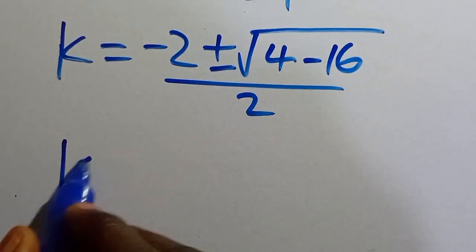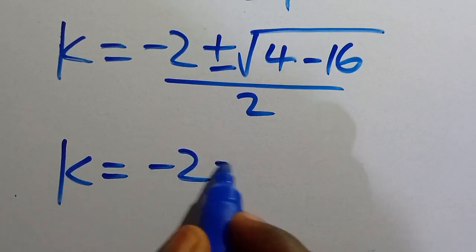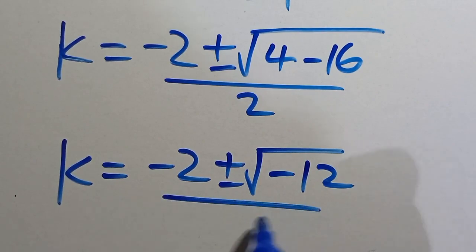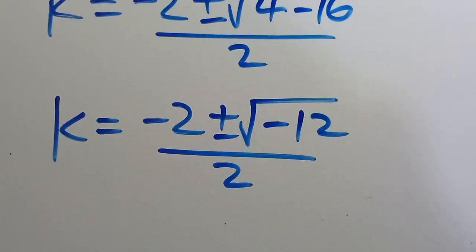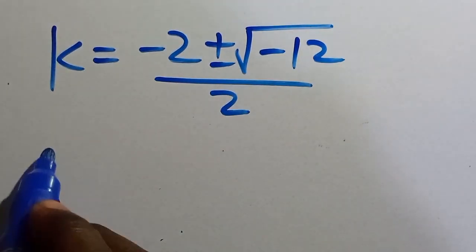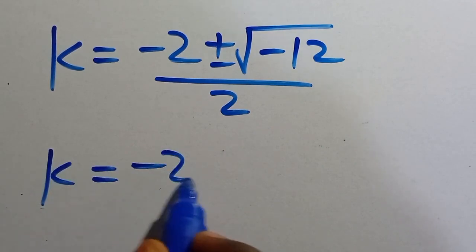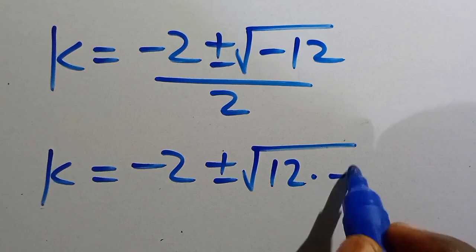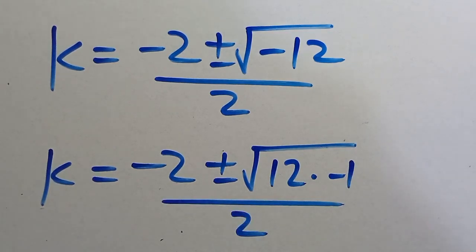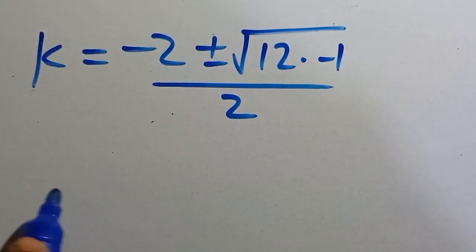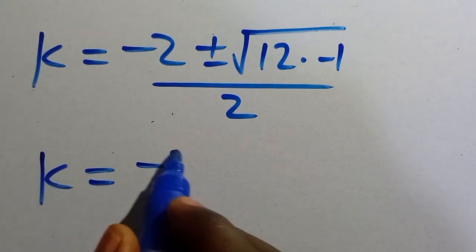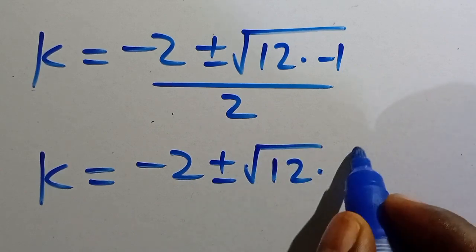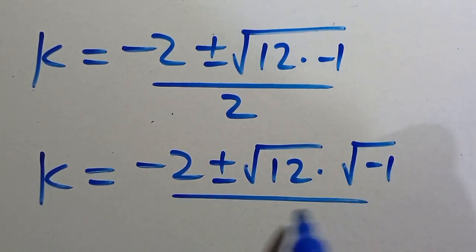So we have k equals minus 2, positive or negative, root of minus 12 divided by 2. We have k equals minus 2, positive or negative, root of 12 times minus 1, divided by 2. Then we have k equals minus 2, positive or negative, root 12 multiplied by root of minus 1, divided by 2.